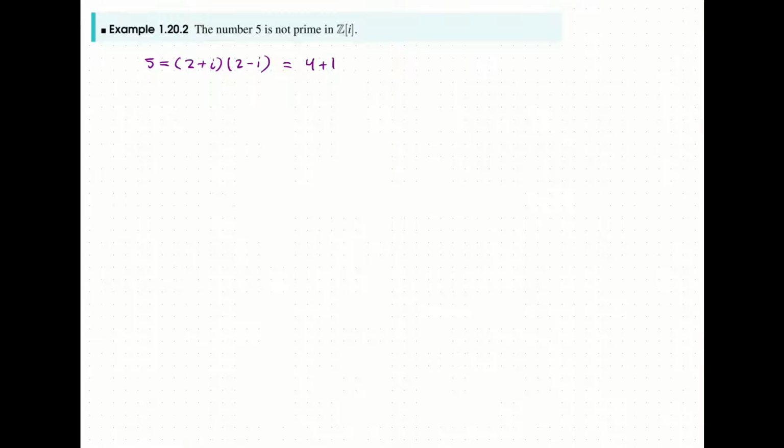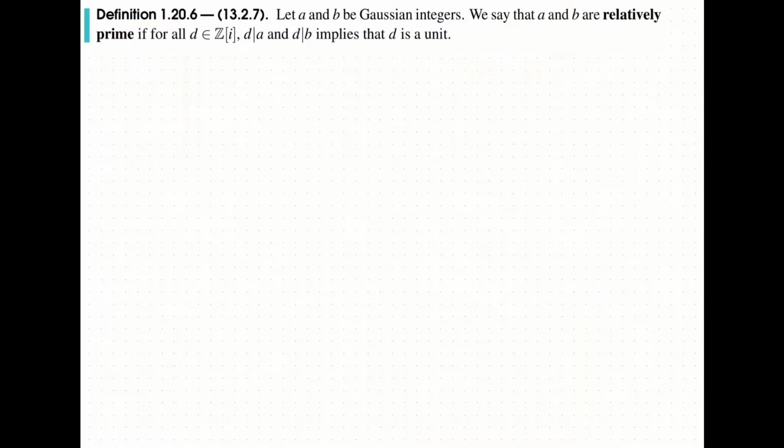And so we now have a notion of prime, divisibility, and we have units. Now let's go ahead and introduce a notion of what it means to be relatively prime. So let us define what it means for two Gaussian integers to be relatively prime. As with the notions we have been bringing up so far, we can't define it as we did over the integers, because over the integers we had an ordering, so we defined it to be the greatest natural number that divided a and b.